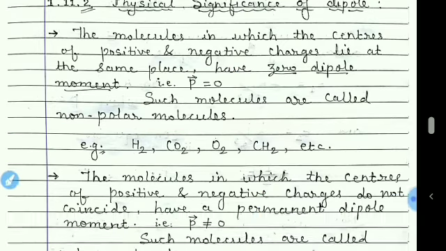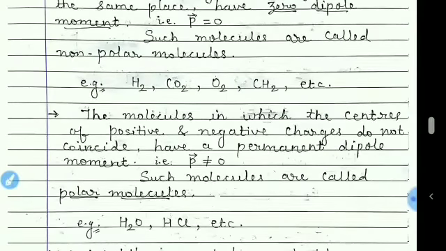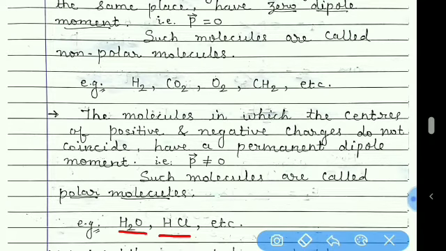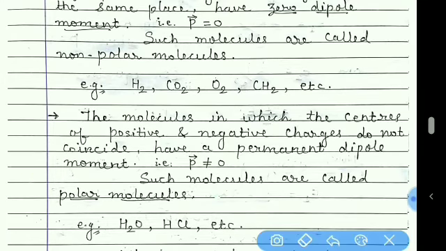while in some molecules like H2O, HCl, etc., the centers of positive and negative charges are not at the same place, means they do not coincide. In such case they have a dipole moment.